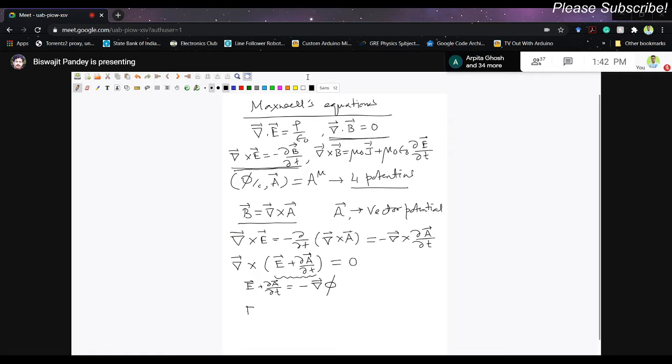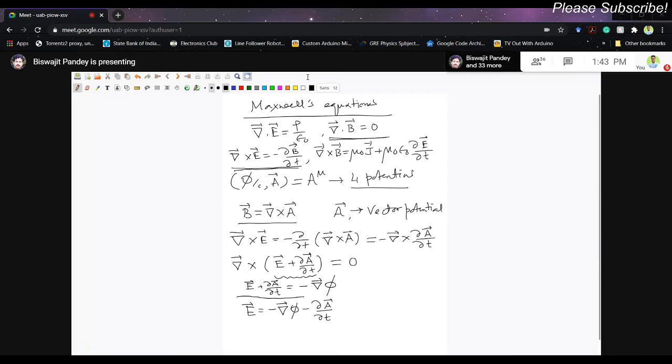So then I can write E equal to minus grad phi minus del A by del t. So in electrodynamics, the electric field is not given only by the scalar potential. The gradient of phi is not sufficient to give you the electric field. You need to subtract another term, which is the time derivative of the vector potential, del A by del t.